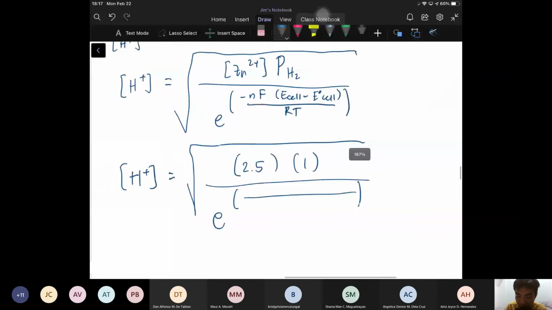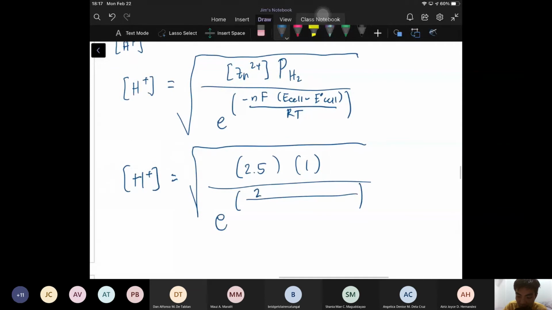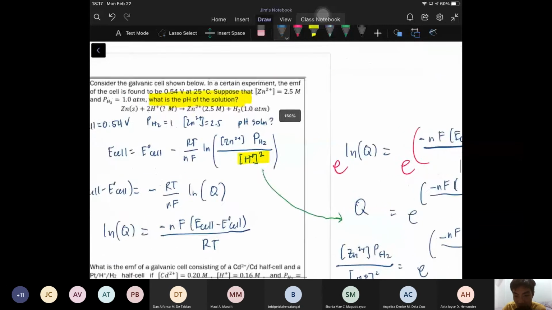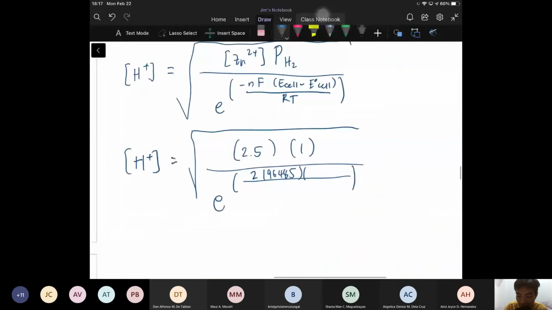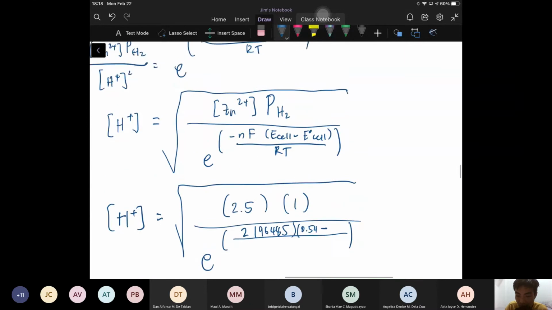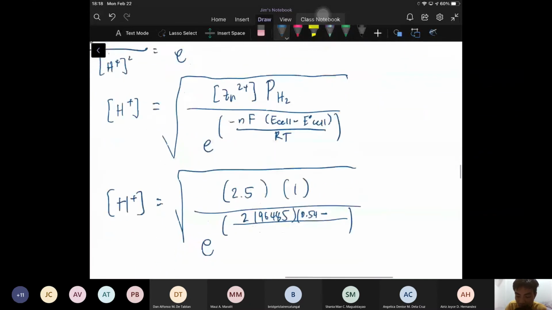So plug in. n is 2 electrons. F is Faraday's constant, 96485 coulombs per mole. E cell minus E not cell. Ano yung E cell? Yun yung sinabi sa problem. In a certain experiment, the EMF is found to be 0.54. So that will be 0.54 volts minus E not cell na nakuha natin, which is 0.76, okay?